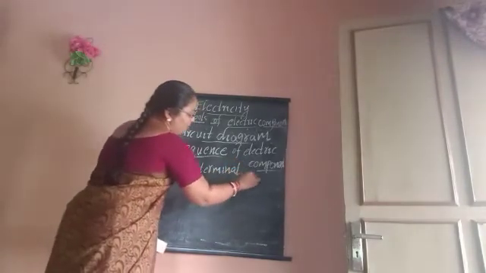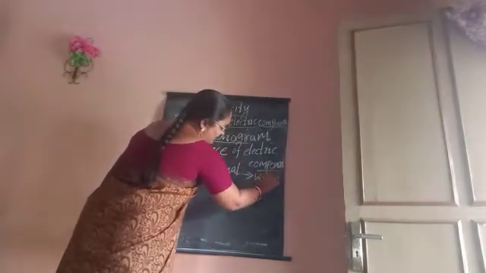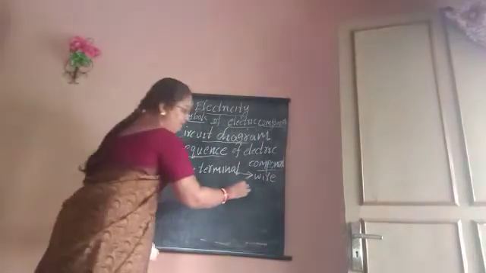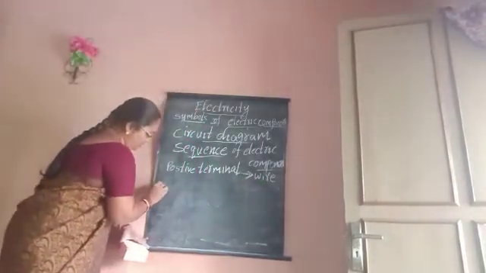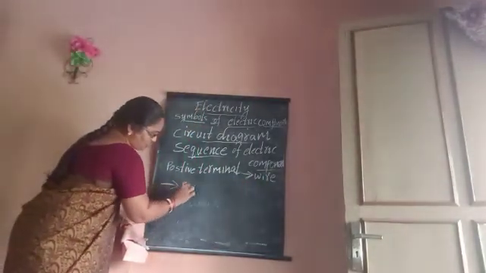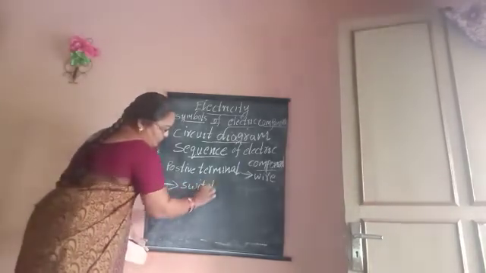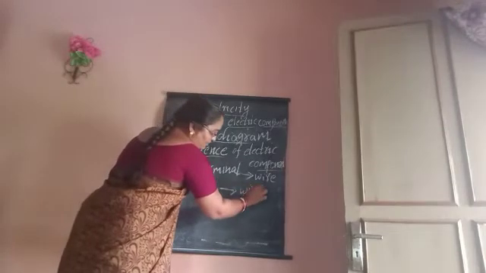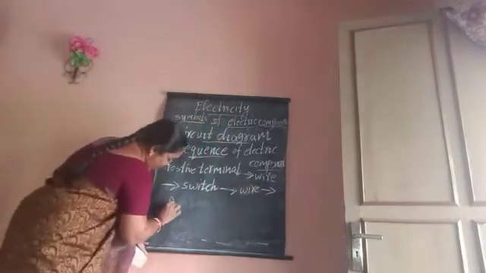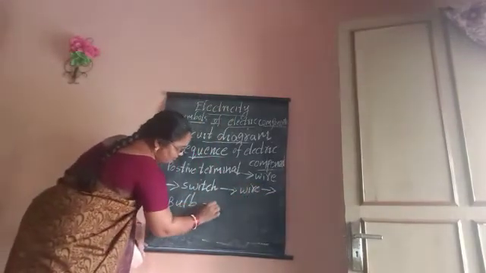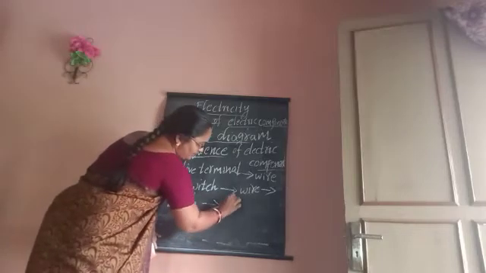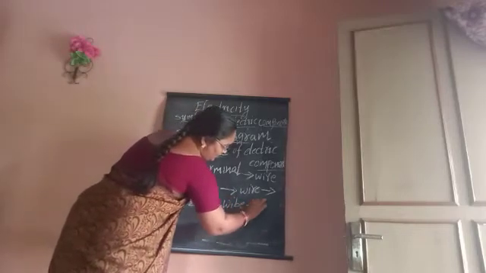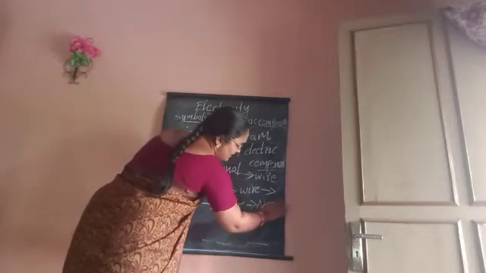Next, the connecting wire. Okay, I am coming again to here. Wire, after that the switch, after the switch a wire, after that the bulb, after the bulb a wire, to the negative terminal of the cell.